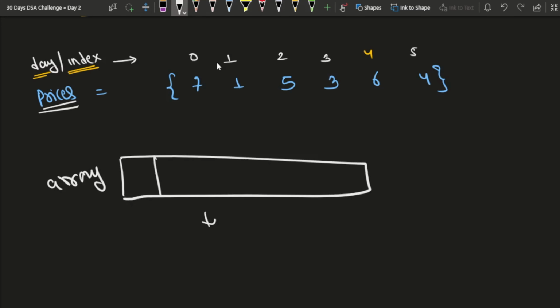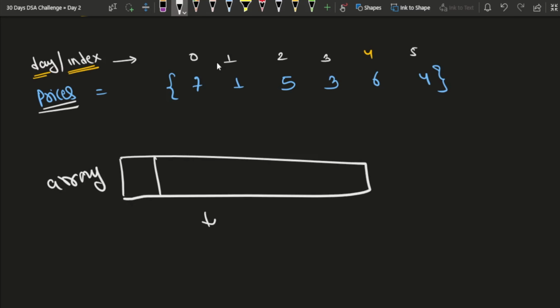Now what will we store in this array? Not the maximum profit, we will store the maximum selling price in the future, right? In the future we will store the maximum selling price.